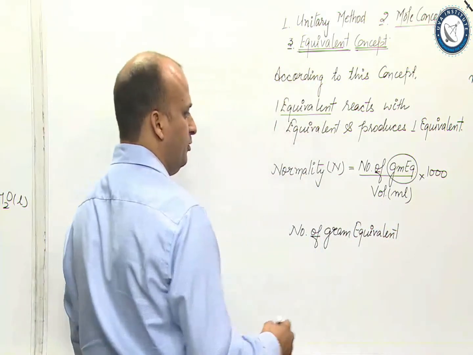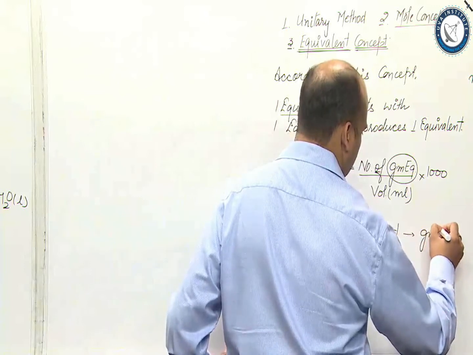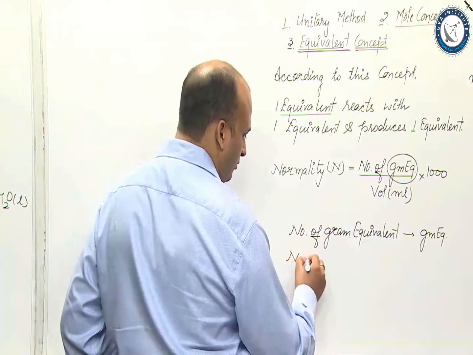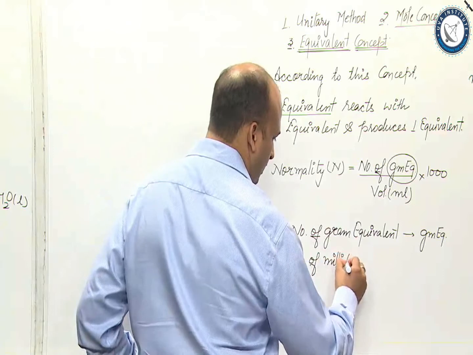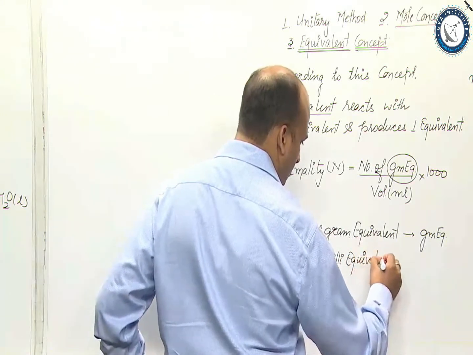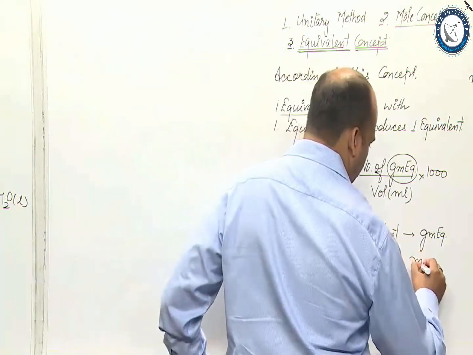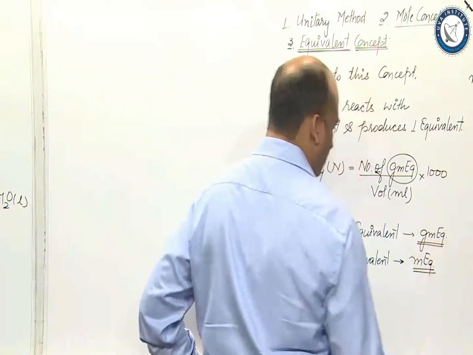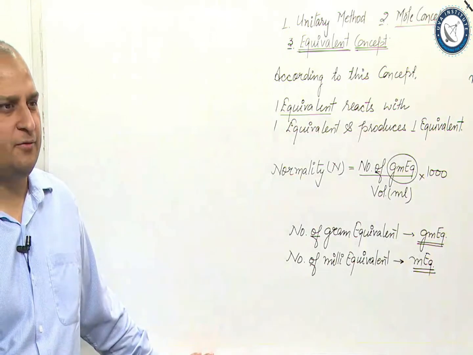You write it as GMEQ. How do you write the number of milli equivalent? It is MEQ. Milli equivalent is MEQ. Okay, fine.